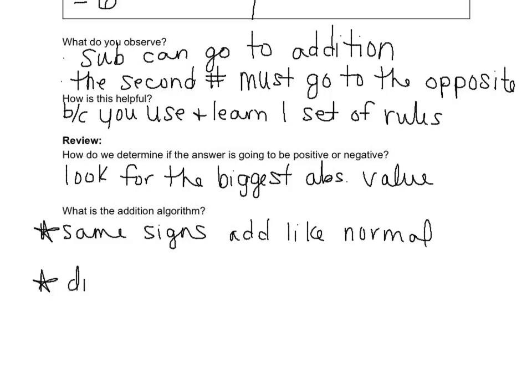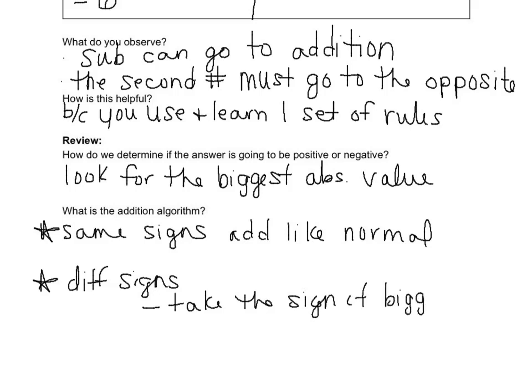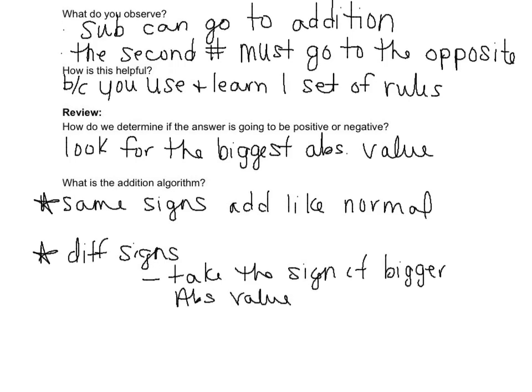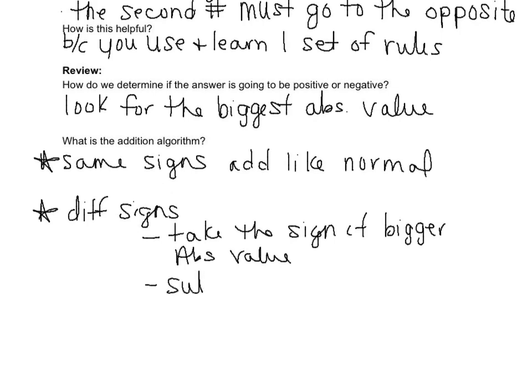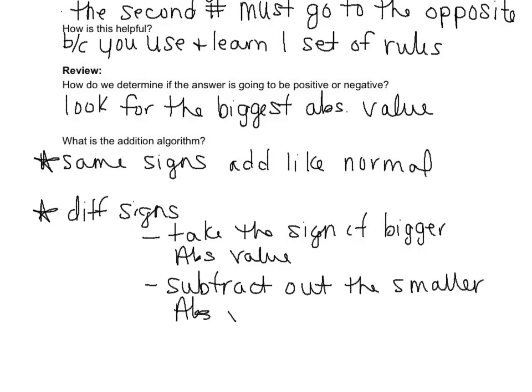The less easier ones happen to be when we have different signs. Then you have to take the sign of the bigger absolute value, which we just covered, and then subtract out, because remember opposites, we're taking them away. This is also one reason why addition and subtraction go hand in hand. You subtract out the smaller absolute value.